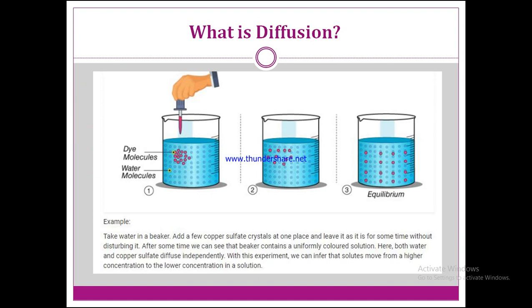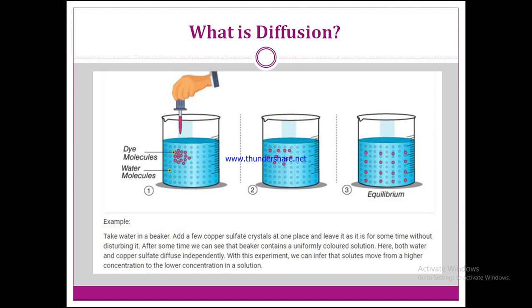Let's take one example regarding diffusion. Now, as we consider the water molecule with the dye molecule, as shown in figure 1, we have the process of diffusion with these two materials.